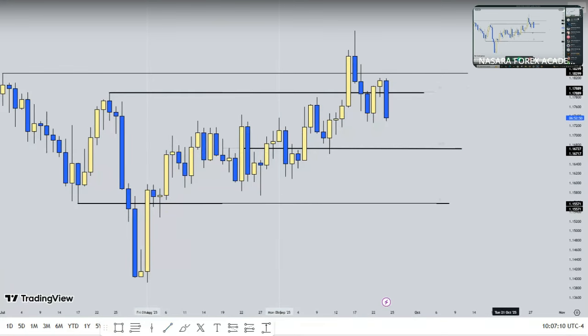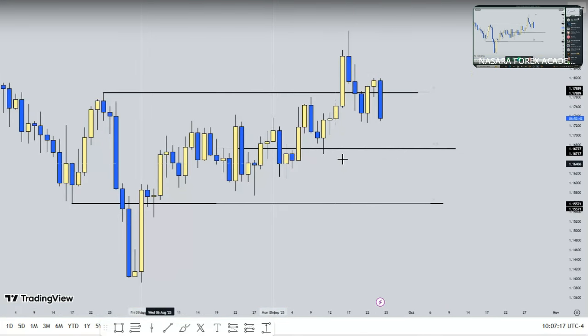But what afterward? After price takes out this high, what I would like to see is price come back and close inside the range. If price closes inside the range, then I would like to see it come into this 50% level.